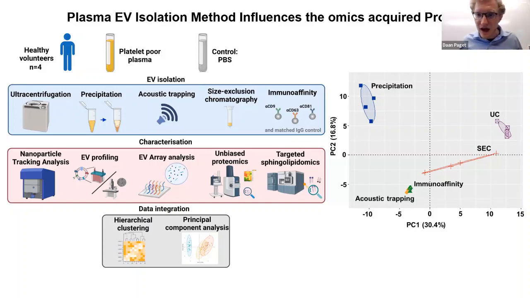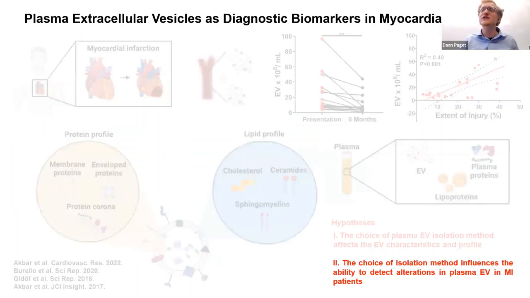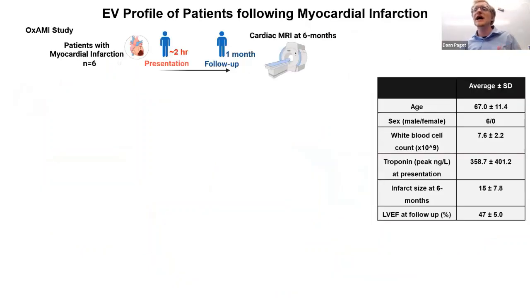We then want to move into our second question, which is looking at the EV profile following a myocardial infarction and how the isolation method affects the ability to see clinical differences between patient groups. To do that, we used a very nice study being run in Oxford right now, called OXFAMI.